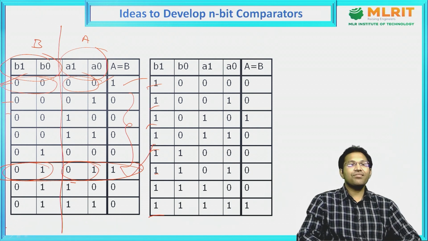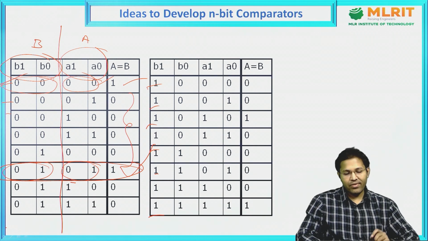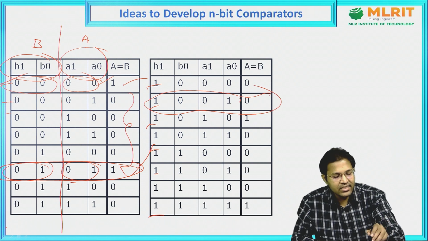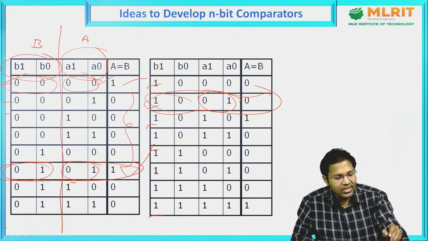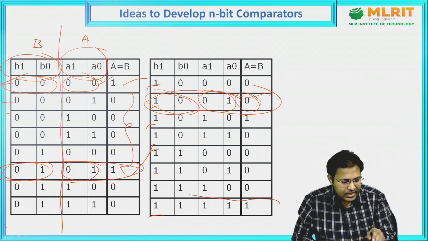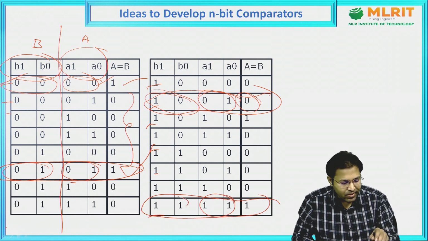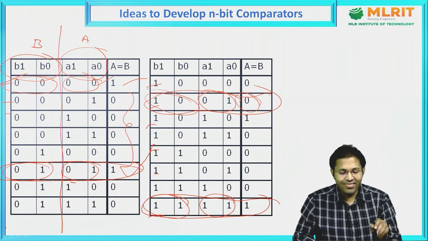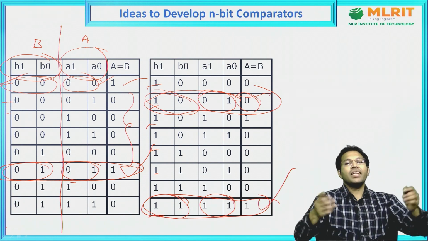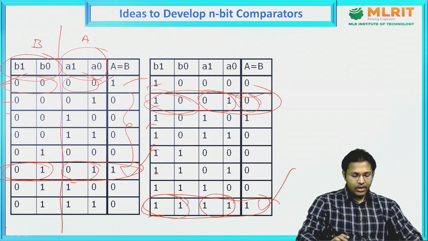When the condition fails, we put a 0; when it is satisfied, we put a 1. For example, in this case A is 0, 1 and B is 1, 0; they are not equal, so we put a 0. Last case, A is 1, 1 and B is also 1, 1; both are equal, so in the true case we put a 1. In this manner we can construct the truth table.